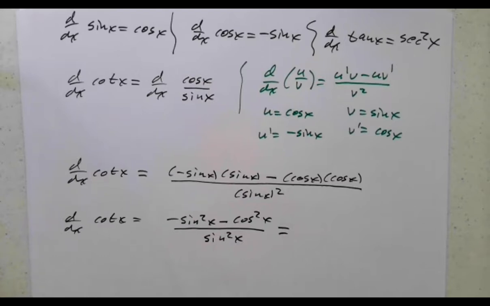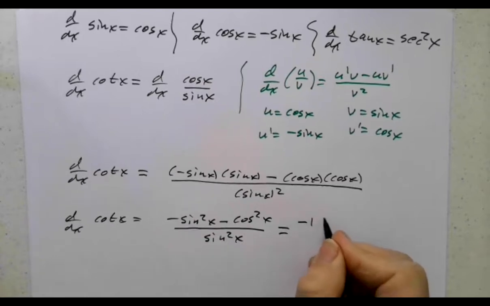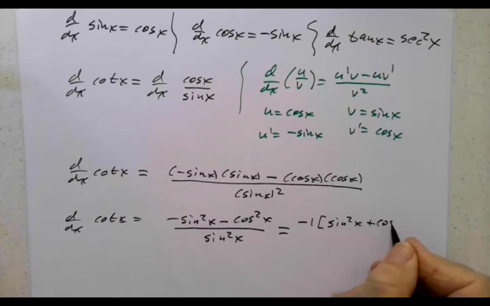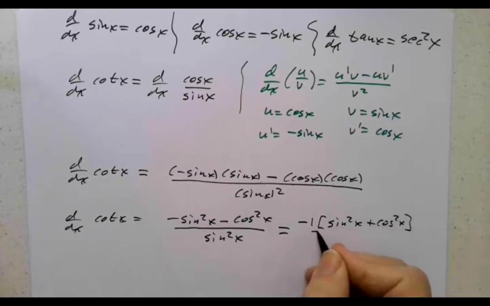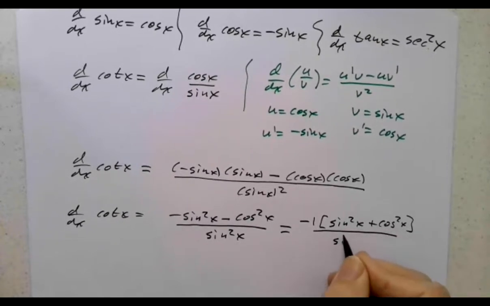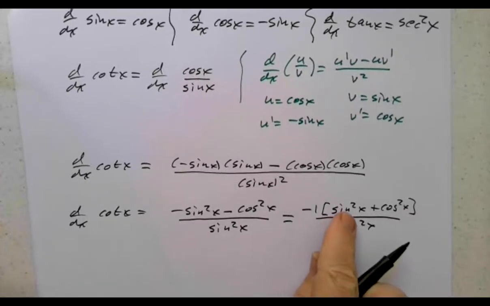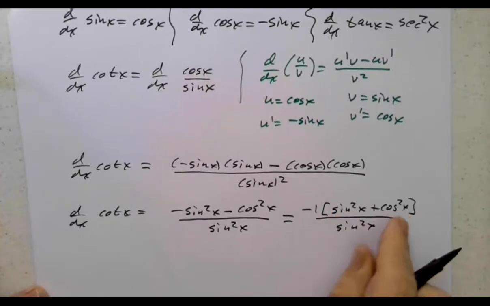And let's think about this. I can factor a negative 1 out of the numerator. Negative 1 times sine squared x plus cos squared x over sine squared x. Well, sine squared plus cos squared x is just 1.